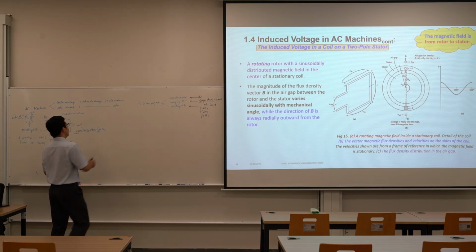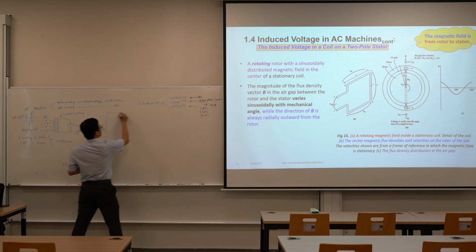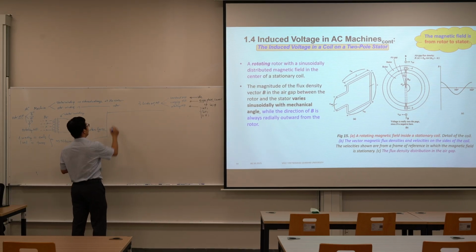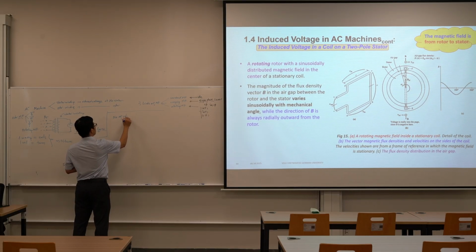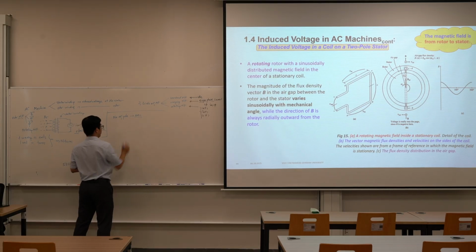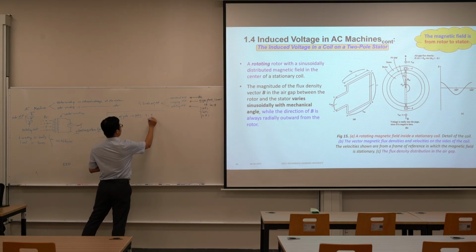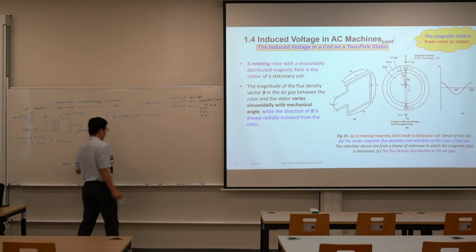Of course, we know that in every machine the number of poles is even, for example 2, 4, 6, and so on.